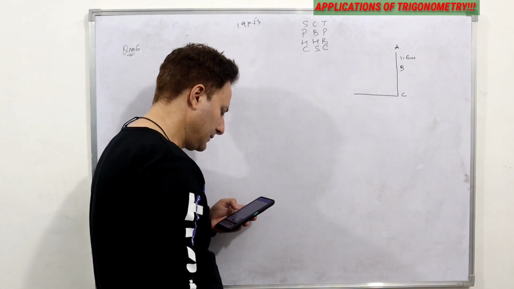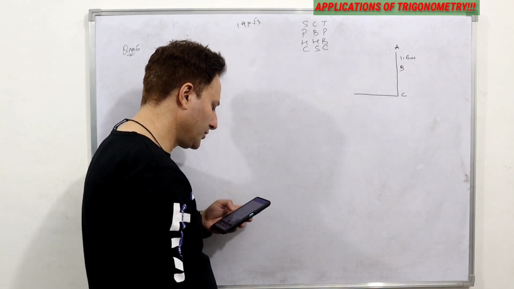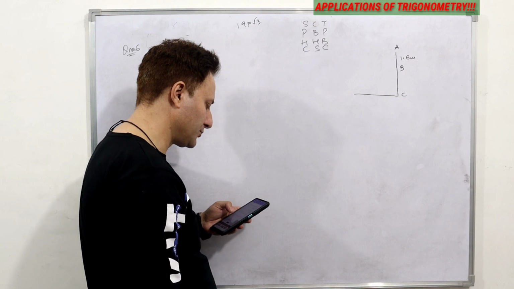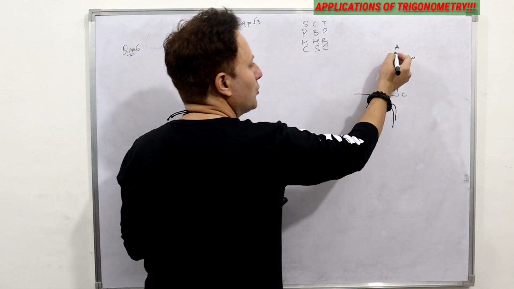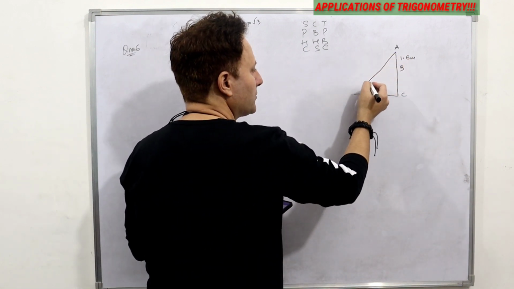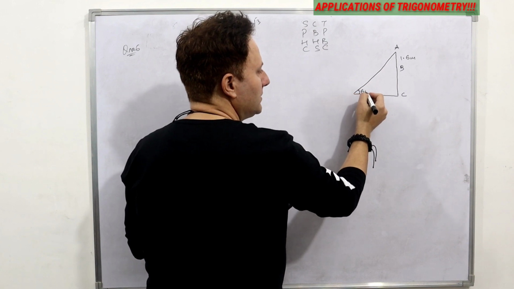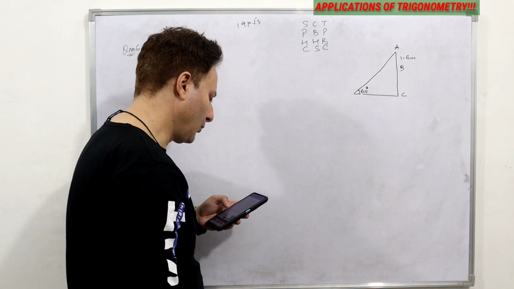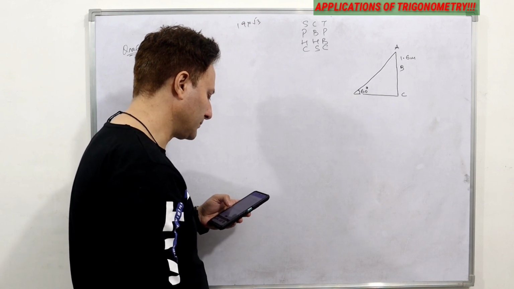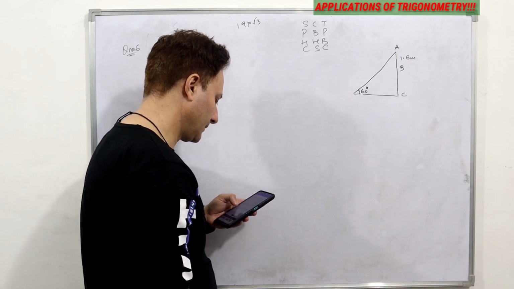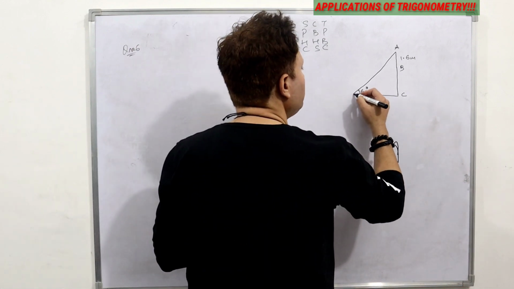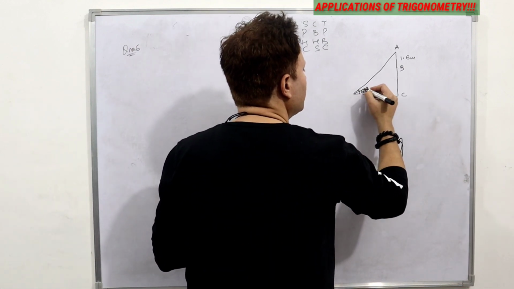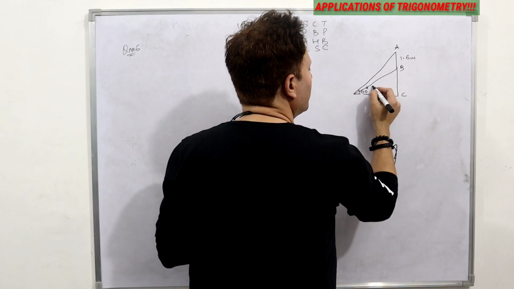Then it says the angle of elevation of the top of the statue is 60 degrees, and from the same point the angle of elevation to the top of the pedestal is 45 degrees. So to the top of the pedestal is 45.